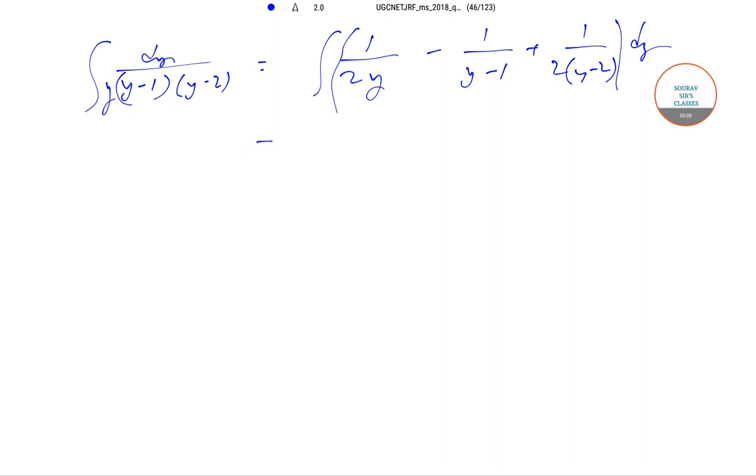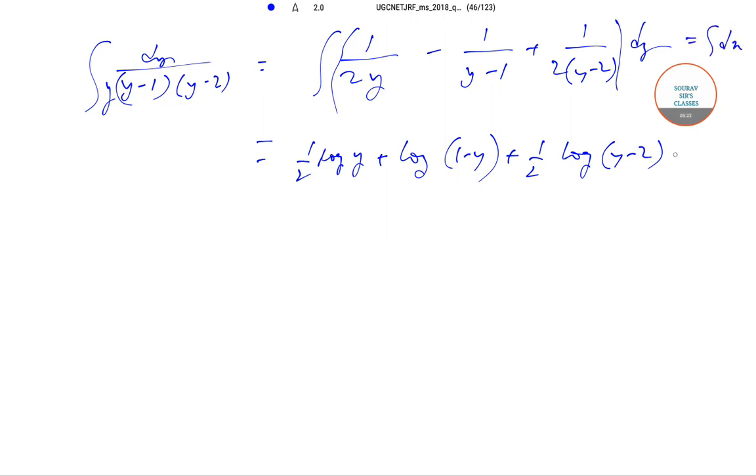So upon integration, this will give us 1 by 2 log of y plus log of 1 minus y plus 1 by 2 log of y minus 2, and on the other side, since we have dx, we will have integration dx, that will be equal to x plus some constant, suppose c1.